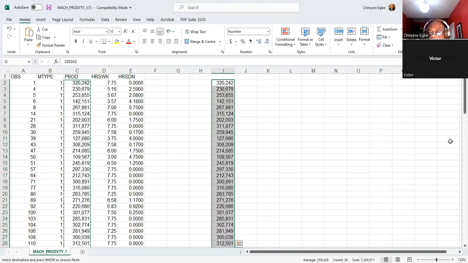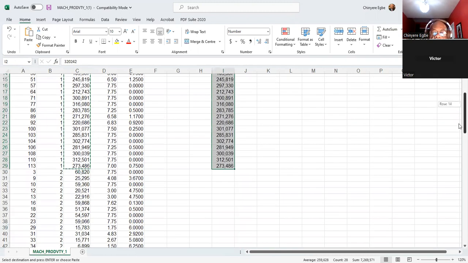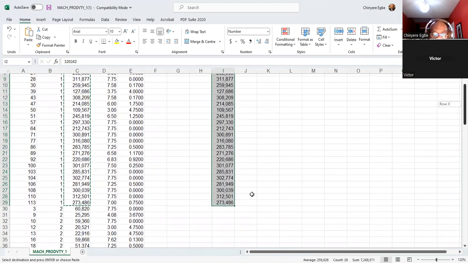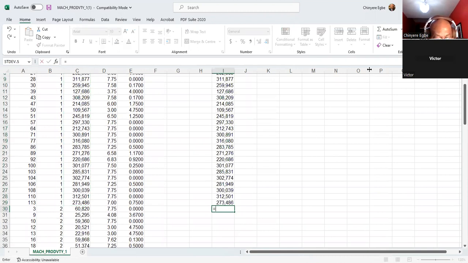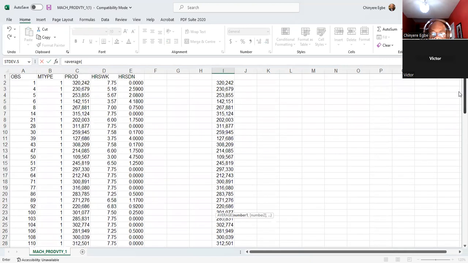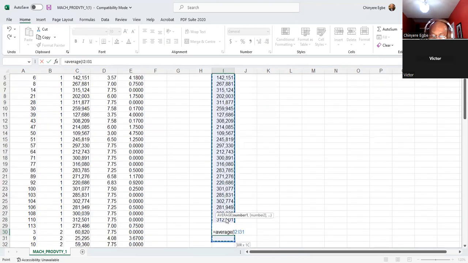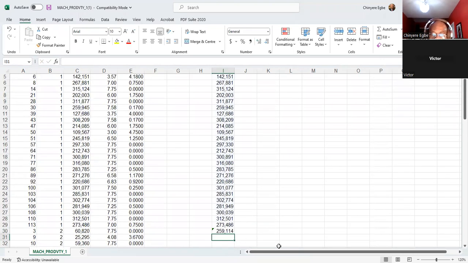All right? And so that sample mean we got, how did we get it? Just come in here and say equals average. Okay, so this is the average.